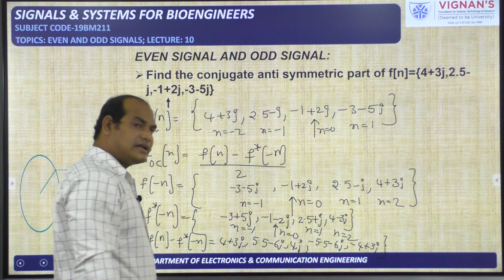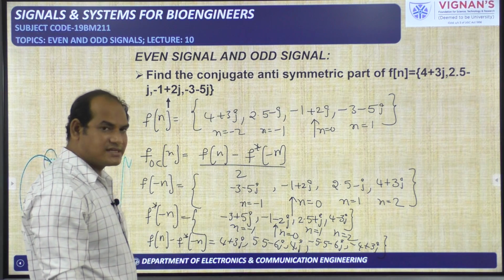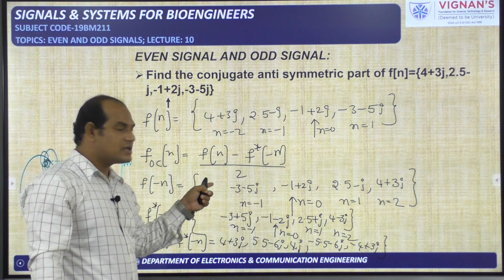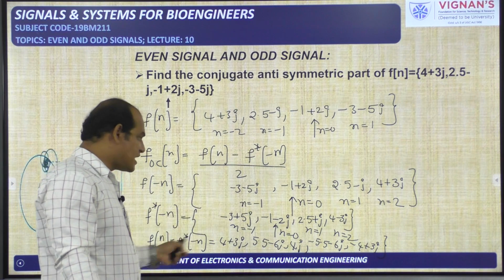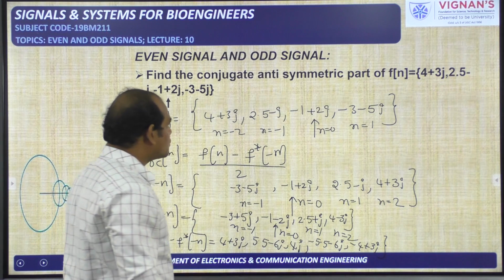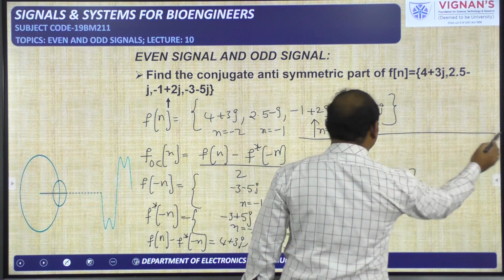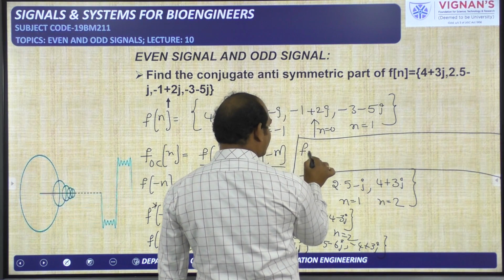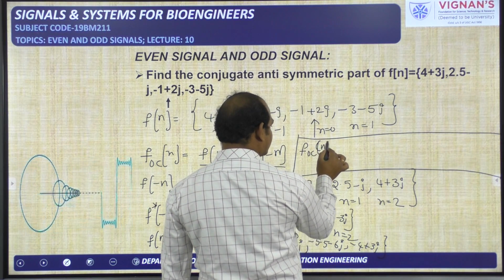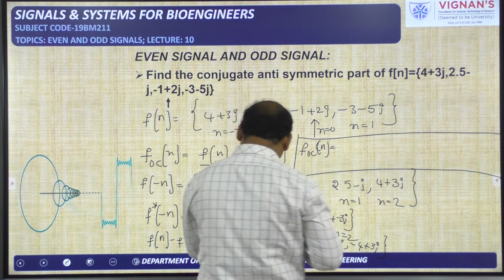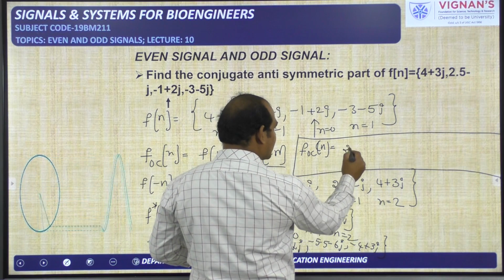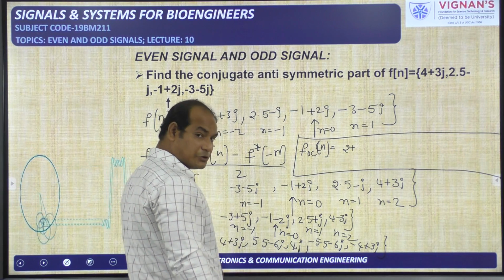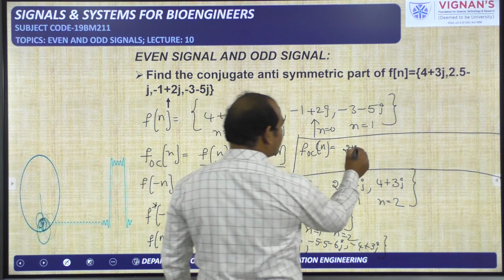So in this way we got f of n minus f star of minus n. But what is f naught c of n? By 2 is also there. F of n minus f star of minus n we got, now divided by 2. So finally I can write the answer here, that is f naught c of n is equal to, by 2 we have to take, that is 2 plus 4 plus 3j by 2, that is 2 plus 1.5j.